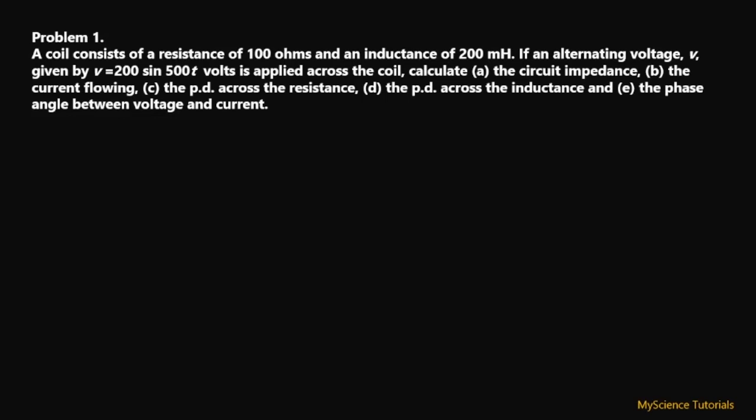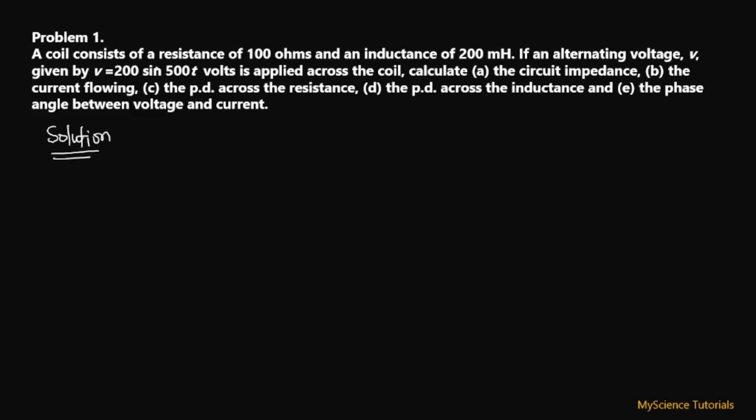If an alternating voltage V given by V equals 200 sine 500t volts is applied across the coil, we are to calculate A, the circuit impedance, B, the current flowing through the circuit, C, the potential difference across the resistance, D, the potential difference across the inductor, and lastly E, the phase angle between the voltage and the current. So this is very simple. Let's look at the solution for this particular problem.